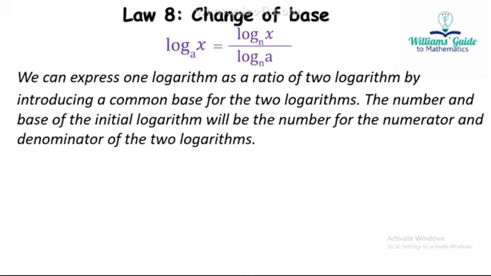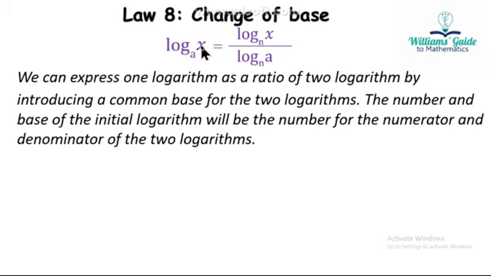Again, we can express one logarithm as a ratio of 2 logarithms by introducing a common base. We are saying here that we can express this logarithm x to base a to give us 2 separate logarithms.